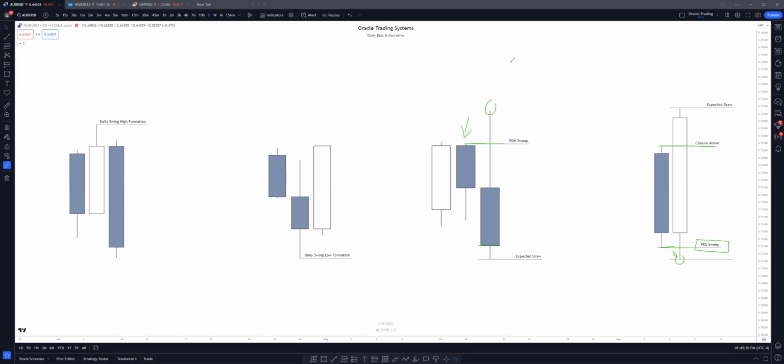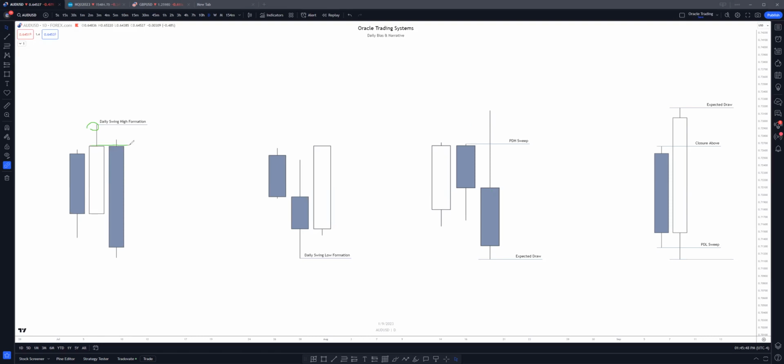So how do we understand the expected draw for the next day? Well, we have to apply this thinking into the following days. In this case here, we have a swing high formation.